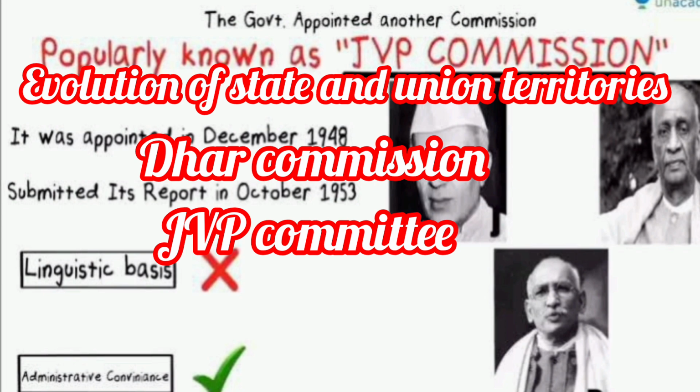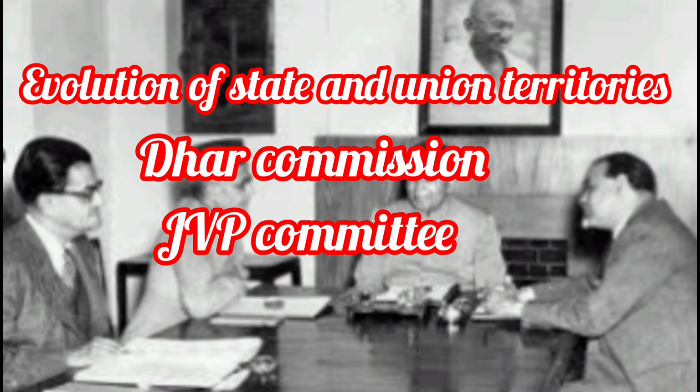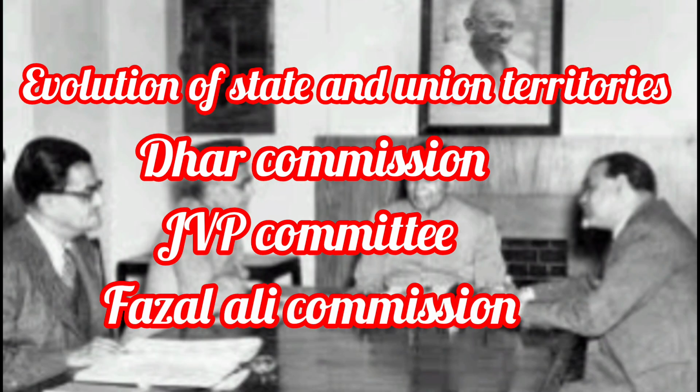But after the death of Potti Sriramulu, the first linguistic state was formed, whose name is Andhra Pradesh. Then a third commission was formed, the Fazal Ali Commission in December 1953, a three-member committee that rejected the theory of one language, one state.